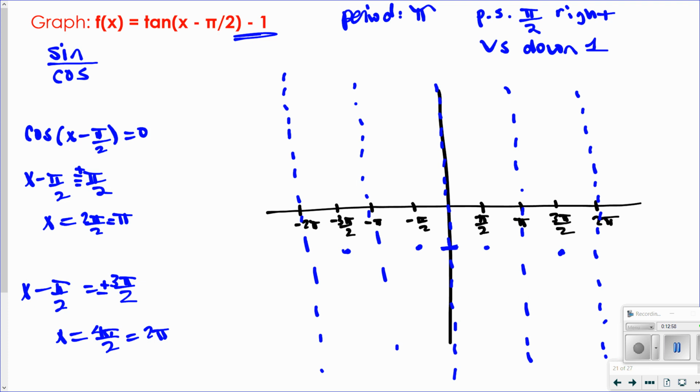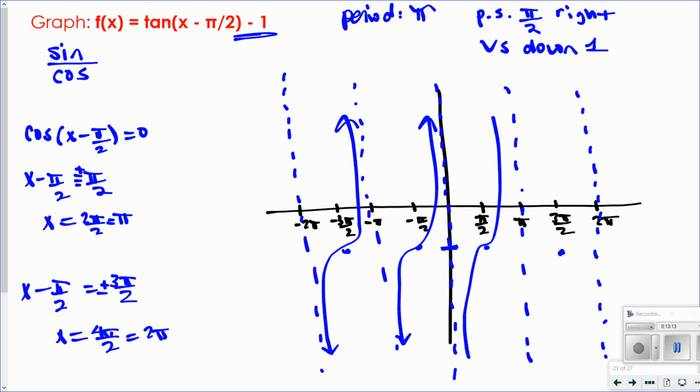And this tangent is not reflected, so it's going to take normal shape, increasing from left to right. And of course, it follows the asymptotes, but doesn't cross them. And I've got 4 full periods graphed here, so that is plenty. Okay. So tangent of x minus pi over 2 minus 1.